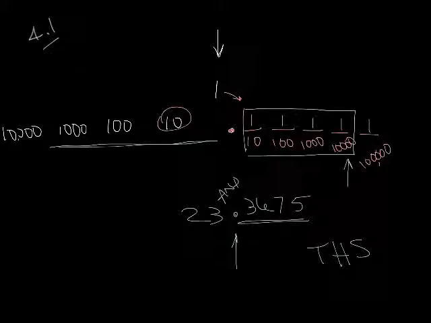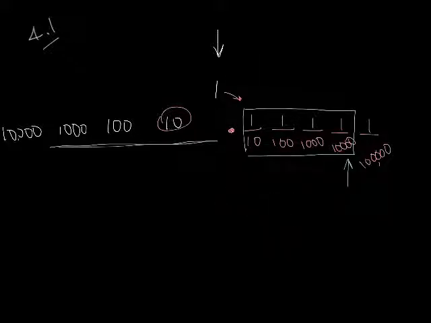And that's just when I want to spit on people, I say the 10,000ths. But 23.3675 works just fine. So the key thing here in this lesson is not necessarily how to say all of this. It's how to write it and how to communicate your math with everything else that you're doing. So that's what we're trying to do here.